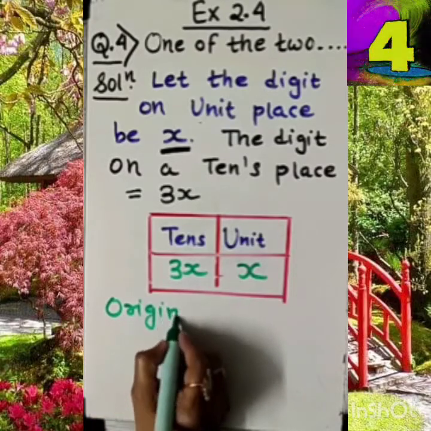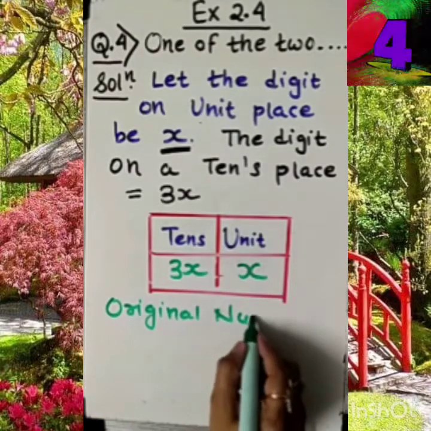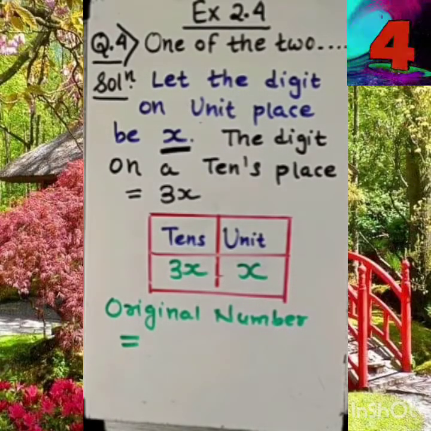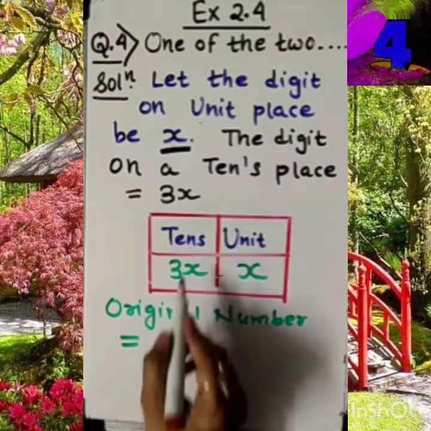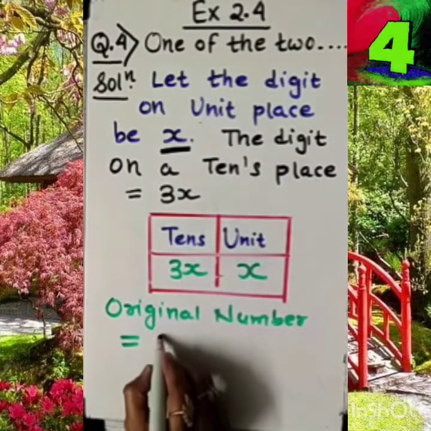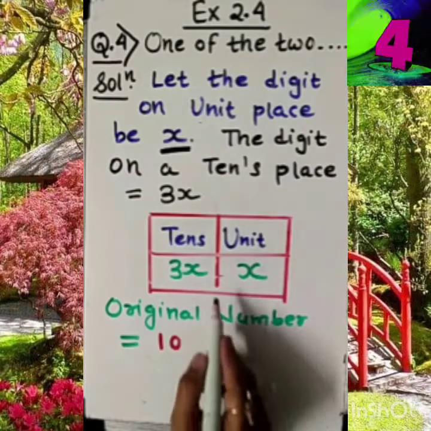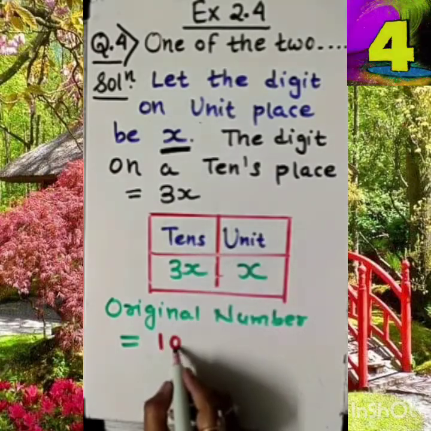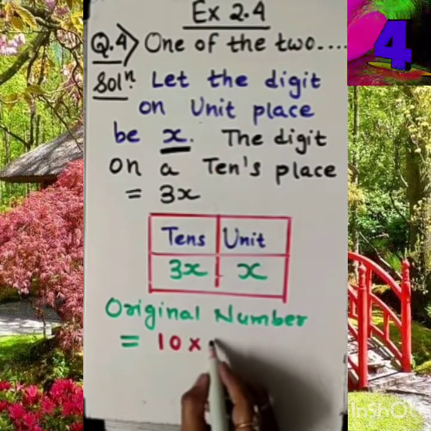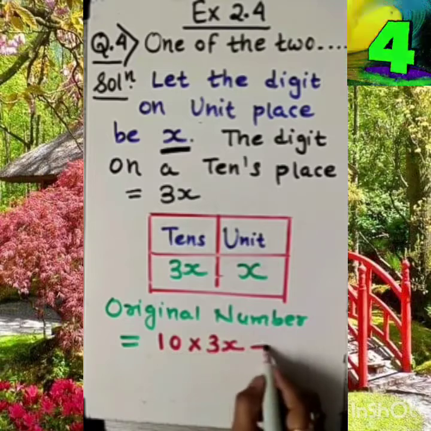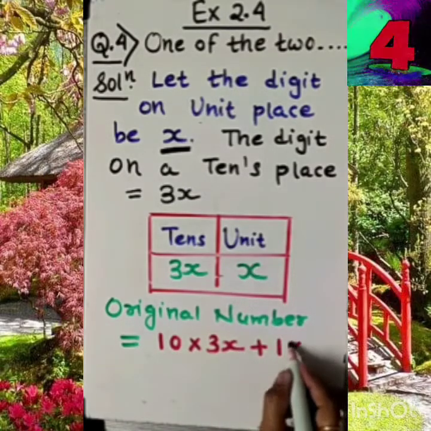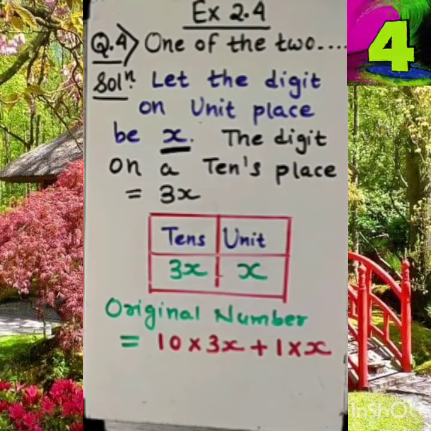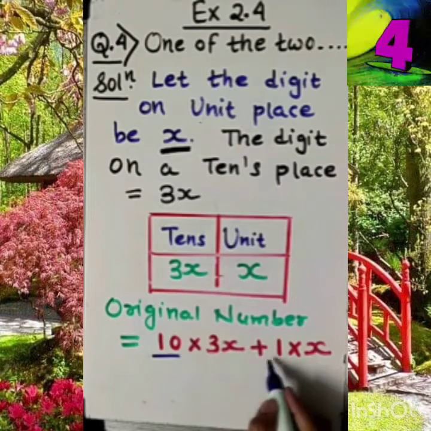So we can say that the original number, what will be the original number? Now look at your screen, dear student. Just think about this tens place digit as I taught you in the previous question also. Whatever number is on the tens place will be multiplied by 10, and of course the unit place number will be multiplied by 1.